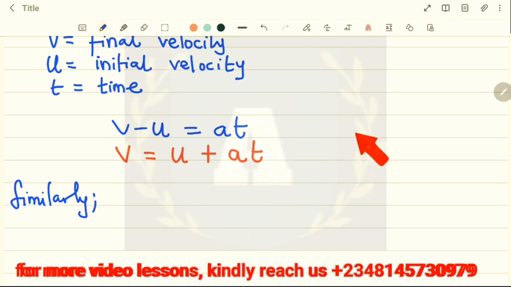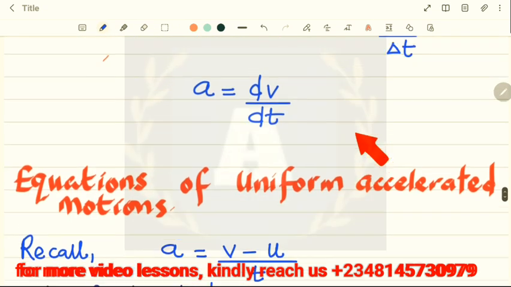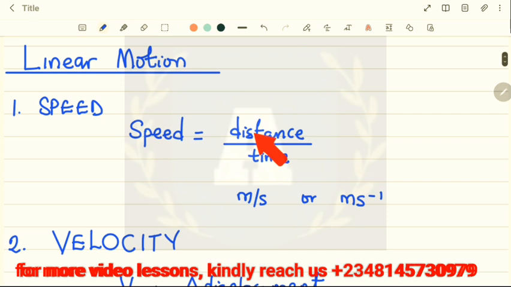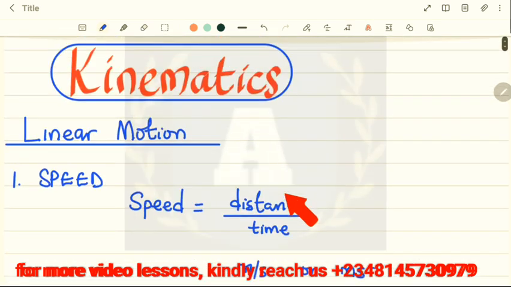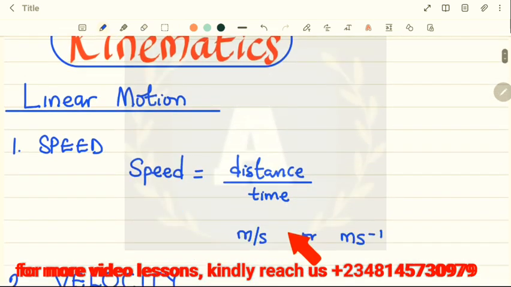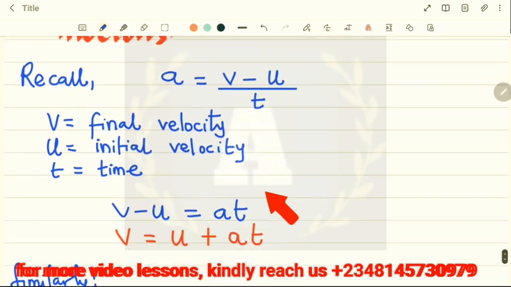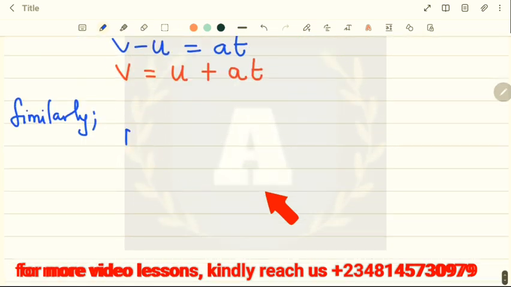Now we should also remember where we defined speed. Here we said speed is the rate of change of distance. That is, speed is equal to distance all over time. So we can rearrange this equation to make distance the subject, such that distance will be equal to speed multiplied by time.